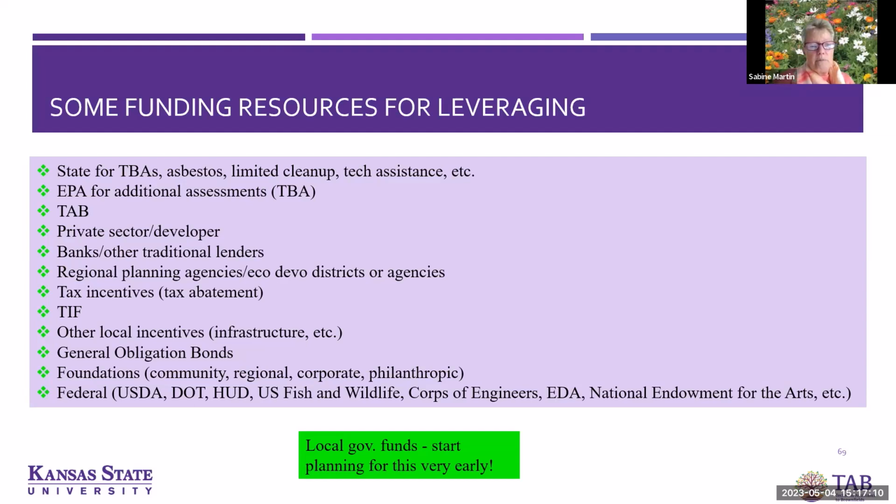If you're a small rural community, USDA, you have DOT, you have HUD, like CDBG funding for housing, also for demolition. USDA and HUD under CDBG are the only federal agencies that I'm aware of that have grants for demolition for certain projects. US Fish and Wildlife, Corps of Engineers, if you have anything that's going to take place along a waterway, right? EDA, National Endowment for the Arts, and on and on and on.